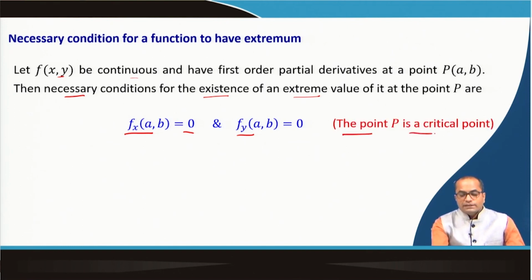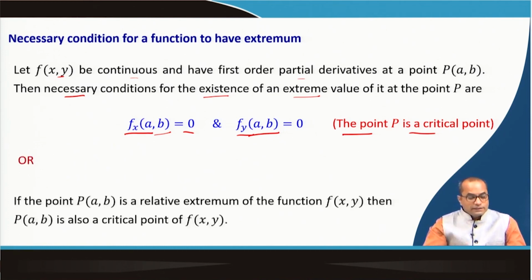So, the point p is a critical point, that is the definition we have already introduced. A critical point is a point where these two derivatives vanish, where the partial derivatives exist. So, these must be 0, this is the necessary condition.